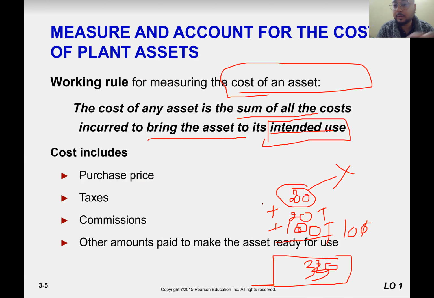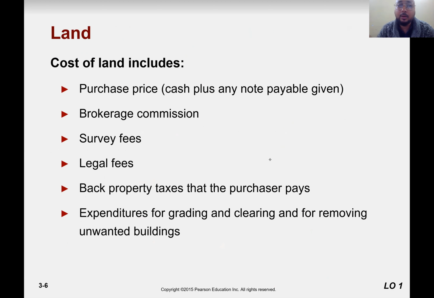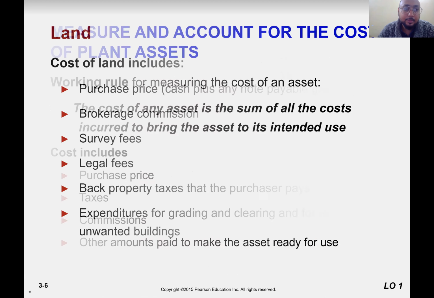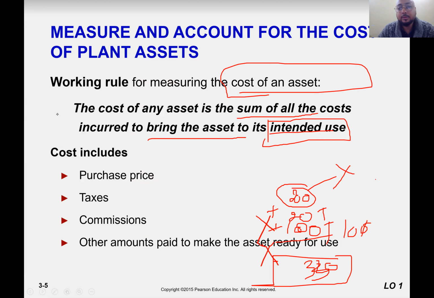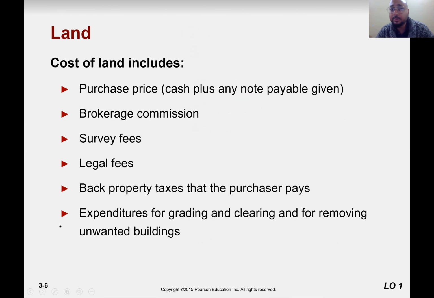So all these expenses, freight, labor charges for installation, we call that cost. We add it into the cost, right? If you have a purchase price, taxes, commission, or anything else that you are paying, that would be added into the cost.